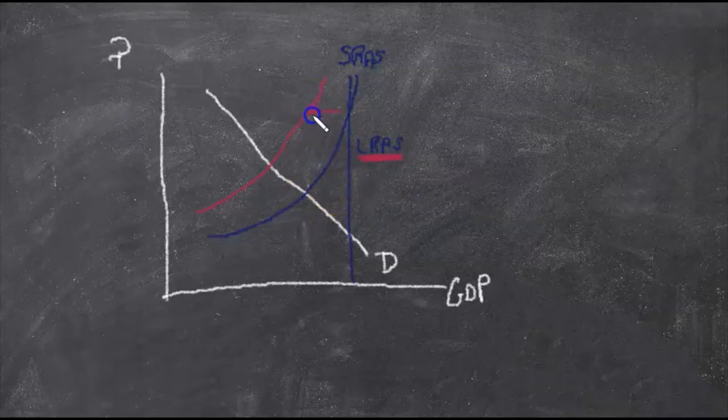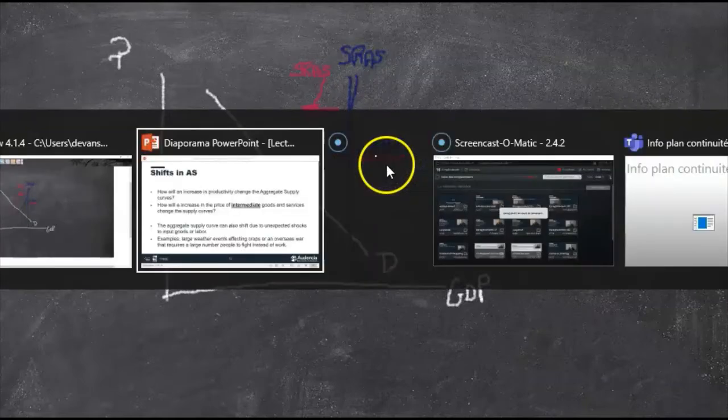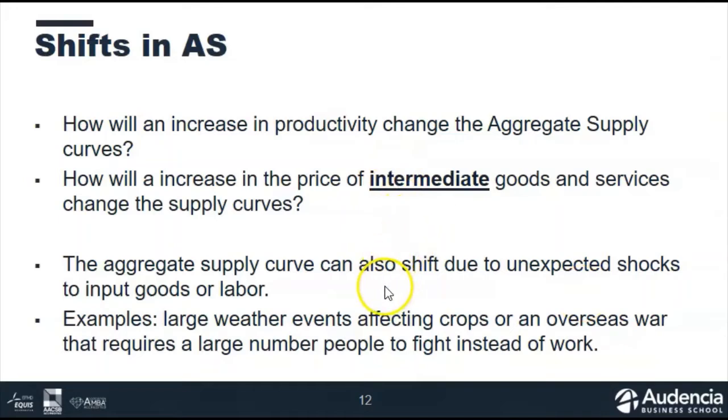We haven't modified how we transform goods and services. We haven't modified the amount of capital or people or things like that. We've just changed the relative price of an intermediate good. So a change in the price of employment or an intermediate good is not going to have an effect on our productive capacity, where we can be in the long run.